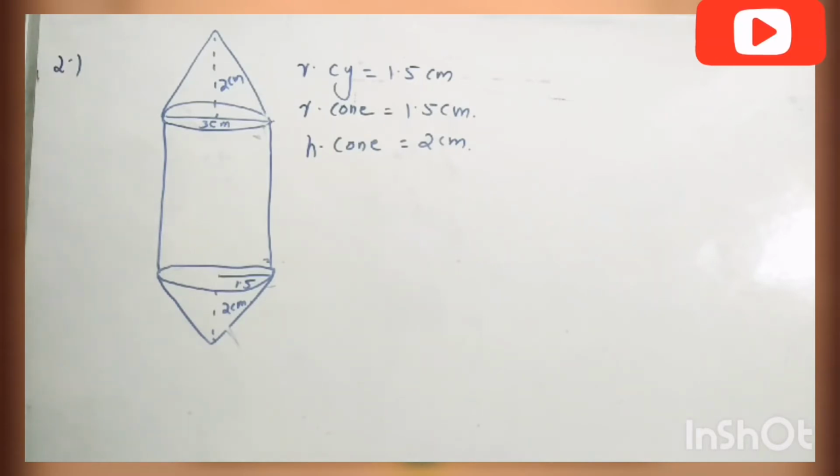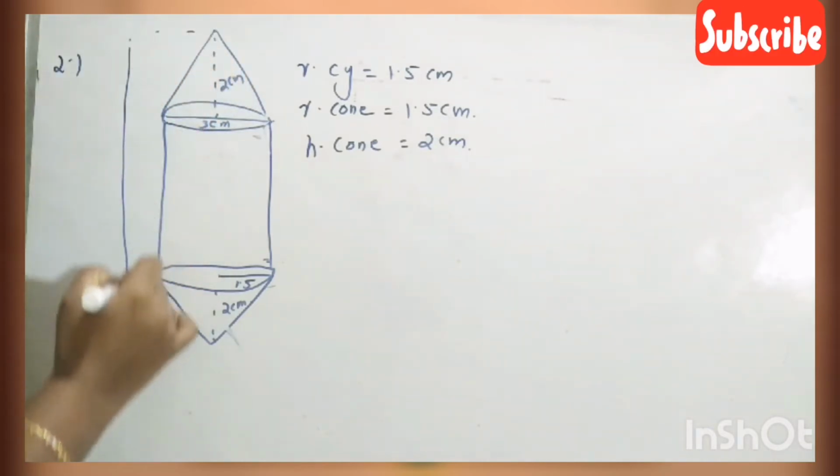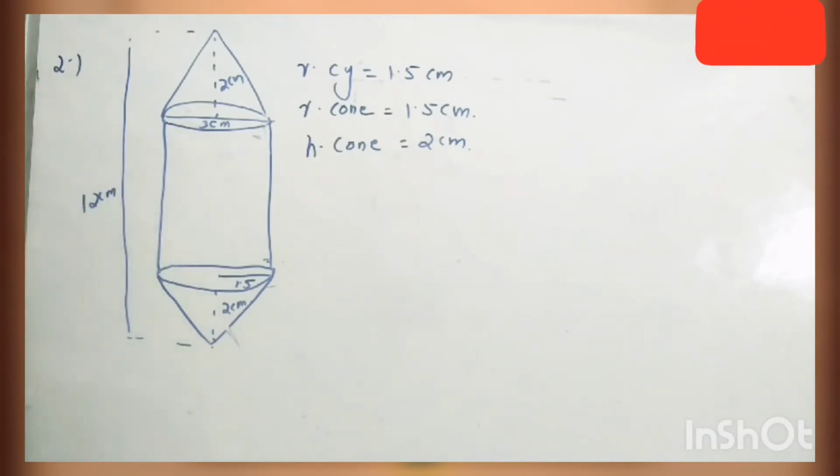The total length is 12 centimeter. Then what will be the height of our cylindrical portion? The total length is 12 centimeter, and the height of the cone is 2 centimeter. Then what will be the height of the cylindrical portion?